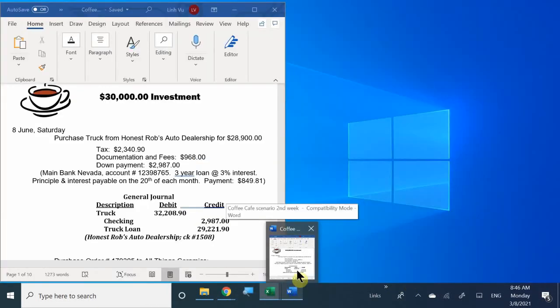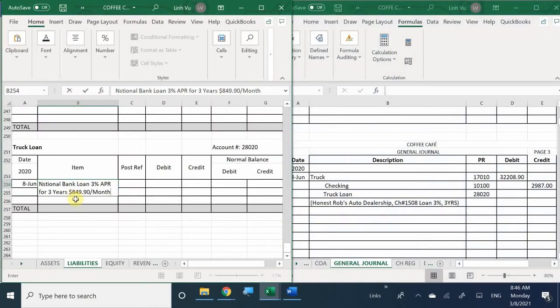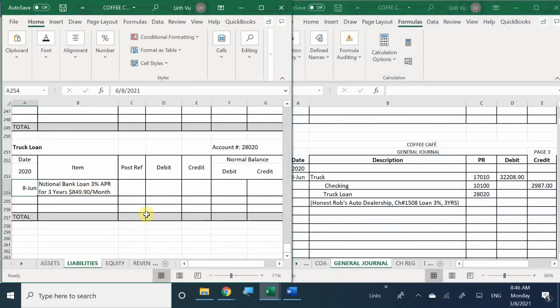Let me see, you're going to get, yep. So it's $849.81. General journal number 3. And it's a loan.